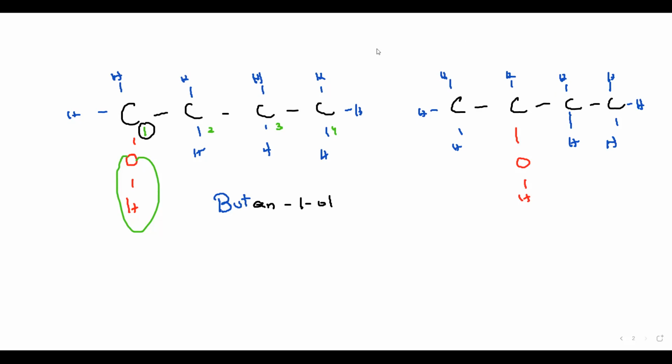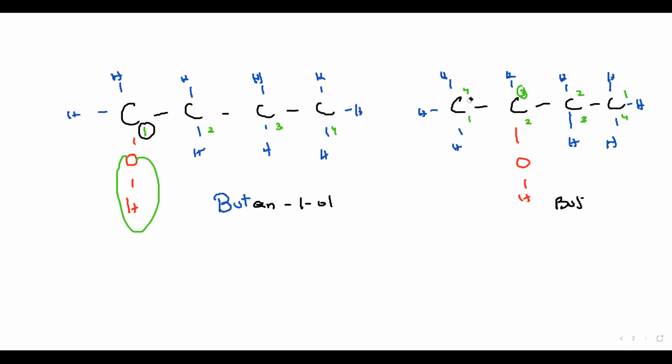Because of 4 carbon atoms, it will be but-. Now we will number the carbon atoms. I can number from left to right or right to left. If I number from right to left, 1, 2, 3, 4, the third carbon is having OH. But if I number from left to right, 1, 2, 3, 4, the second carbon is having OH.